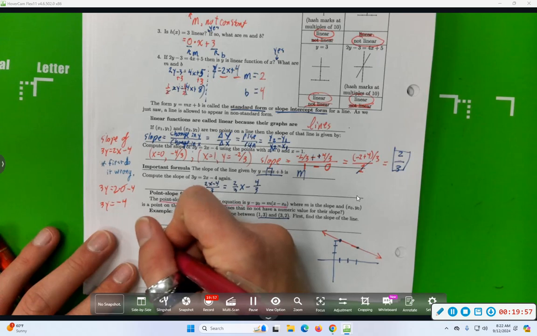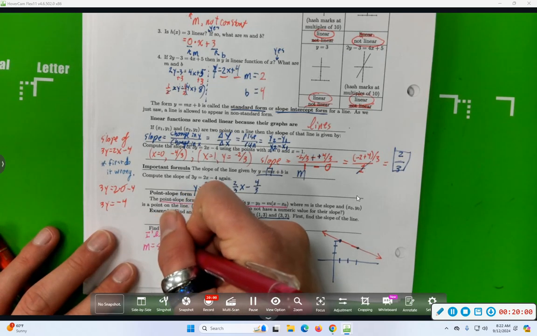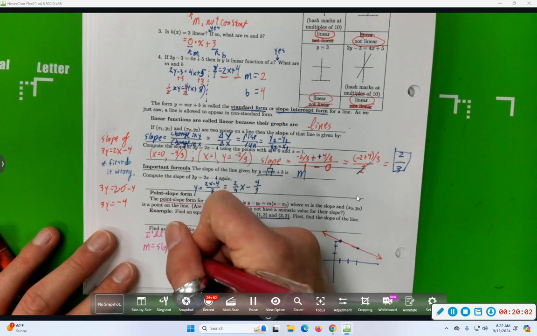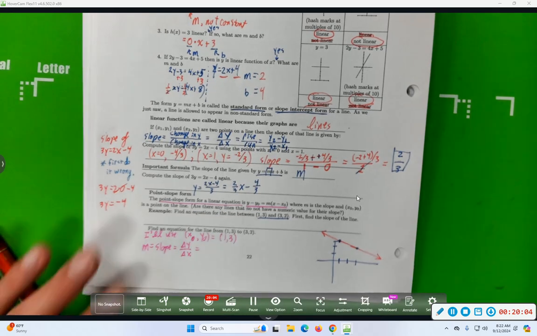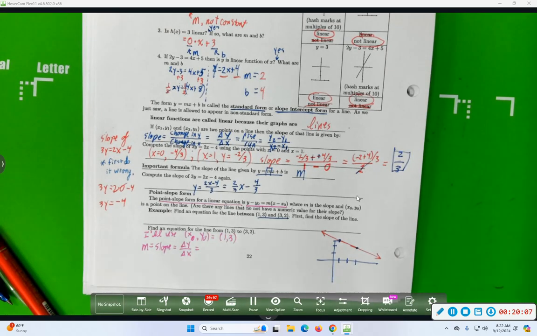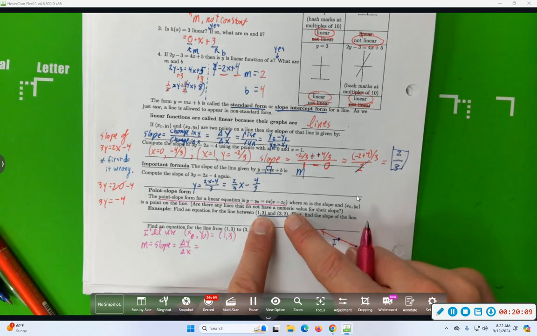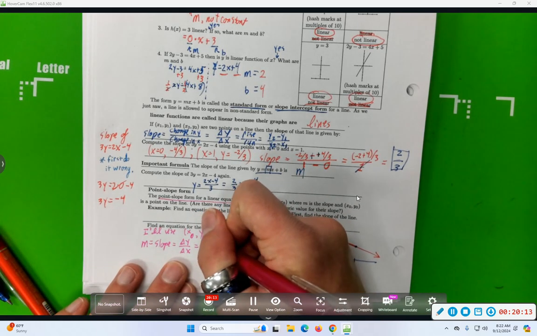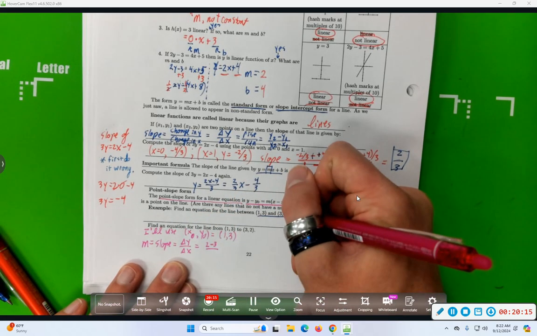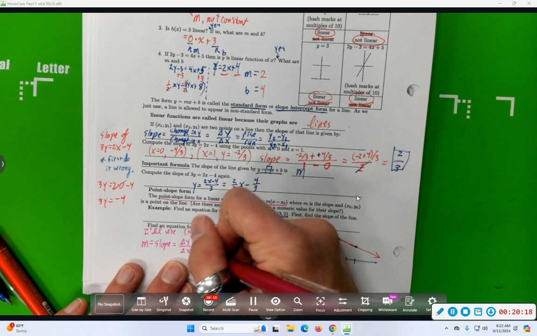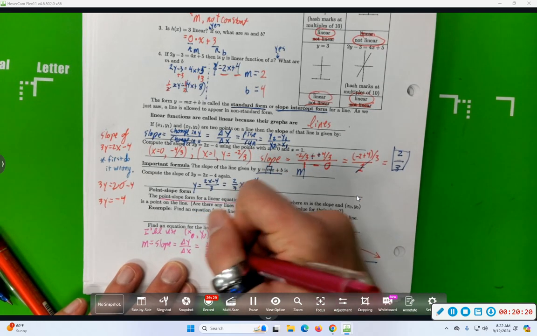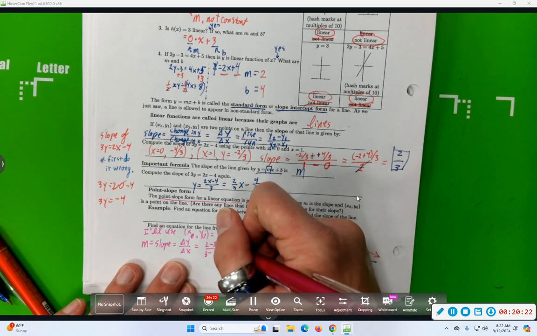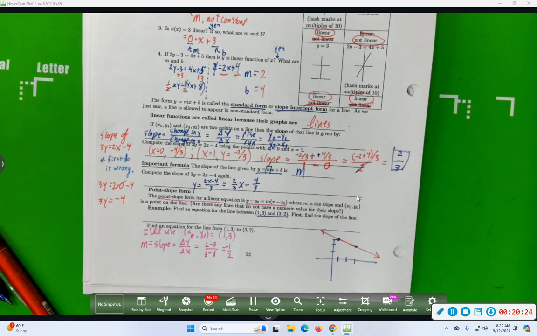m equals slope is change in y over change in x. So we can compute that. Let's see, change in y is 2 minus 3, over 2 corresponds with an x coordinate of 3, 3 minus 1. Is that negative a half? I think that's negative a half. All right. So we know the slope. The slope is negative 1/2.